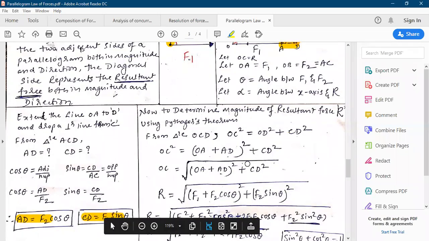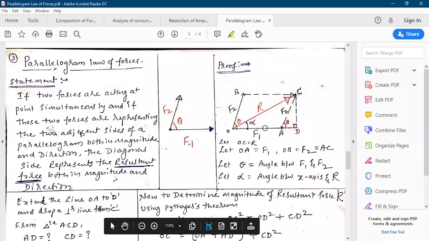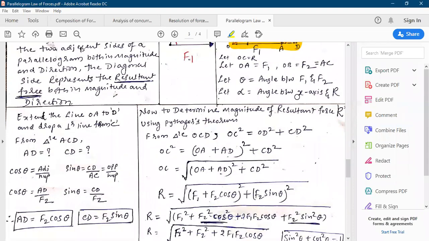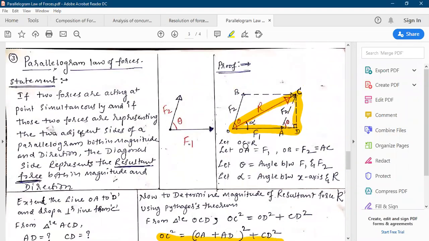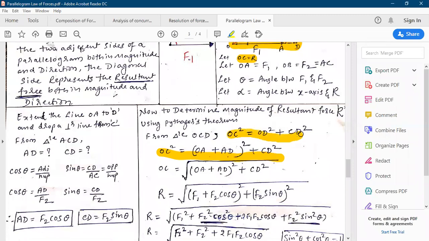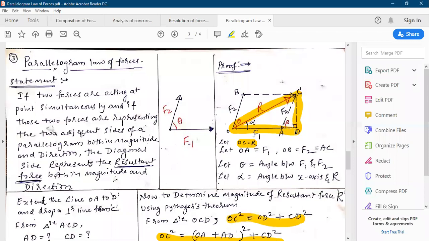Now considering triangle OCD, using Pythagoras theorem, I have written OC square, where OC represents the resultant force. OC square is equal to OD square plus CD square, where OD is equal to OA plus AD.